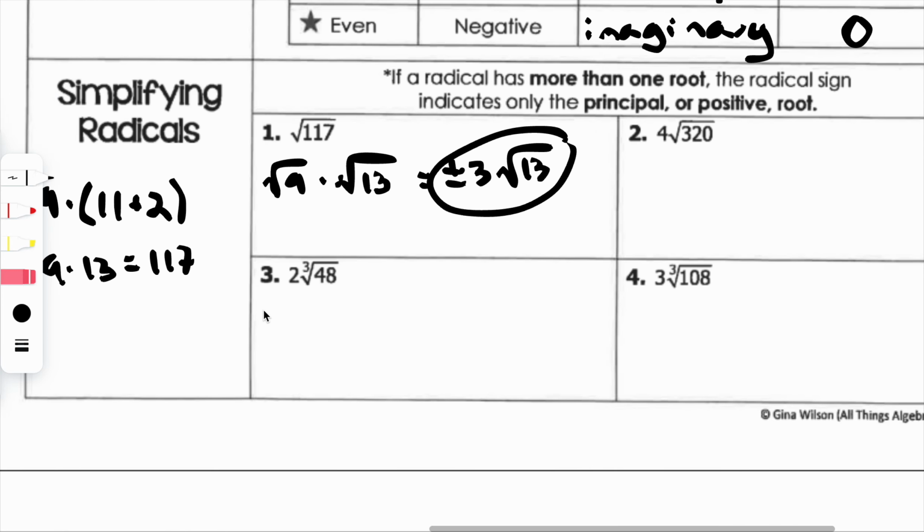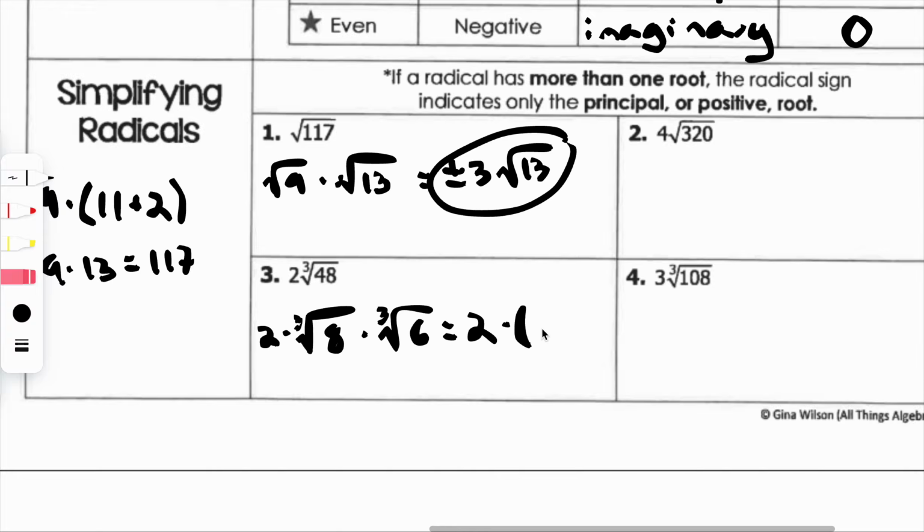So I'm gonna rewrite this as 2 times, and then I'm gonna split up 48 into the cube root of 8, and then the cube root of 6. Sorry, don't mean to put 6 there. The cube root of 6. And that's gonna give us 2 times.